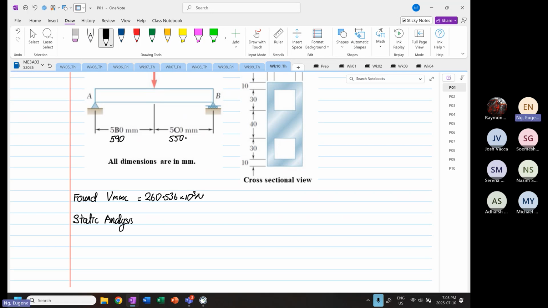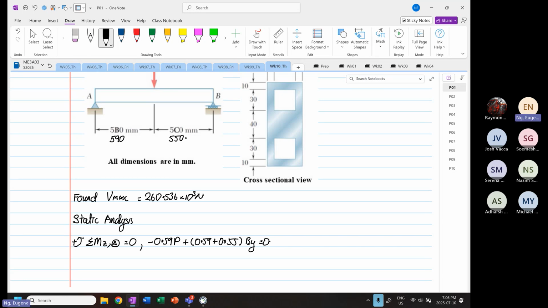We do summation of moment about Z at point A, which is equal to 0. So there'll be minus 0.59 multiplied by P, plus by 0.59 plus 0.55, and then we have our By.